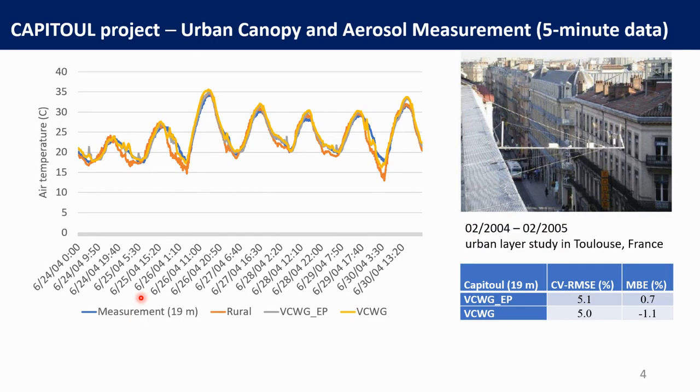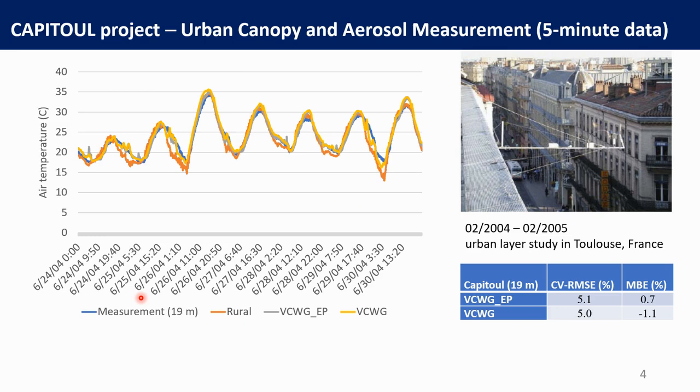In particular, after the implementation, we use two existing field measurement data sets. One is the Capitoul urban canopy and aerosol measurement, which was conducted in Toulouse, France in 2004. It's 5-minute data. We compare that in terms of the dry outdoor air temperature, and particularly look into the coefficient of variation of the root mean square error, as well as the mean bias error.